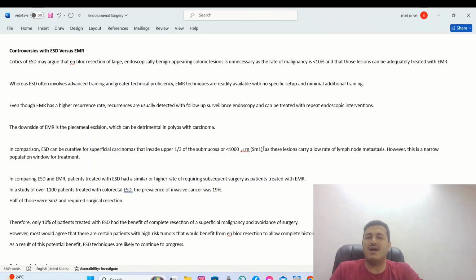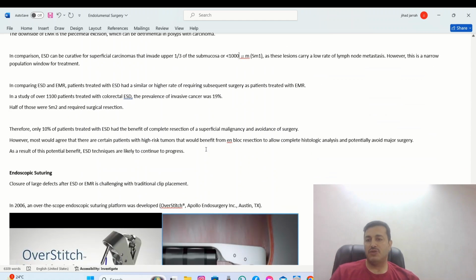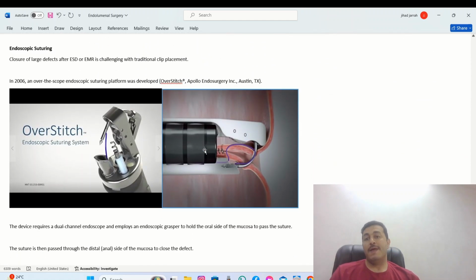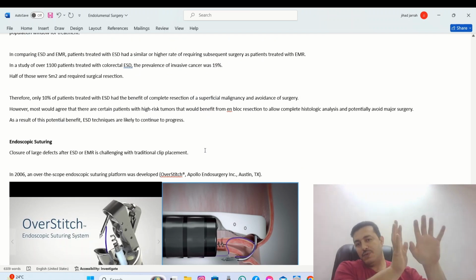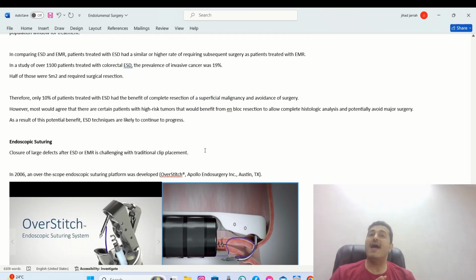But actually these are a very narrow, limited population. So this is what they mean by controversies with ESD versus EMR and traditional surgery.